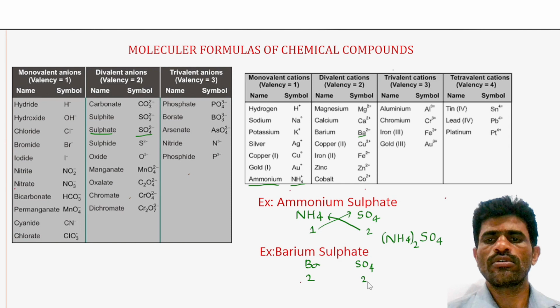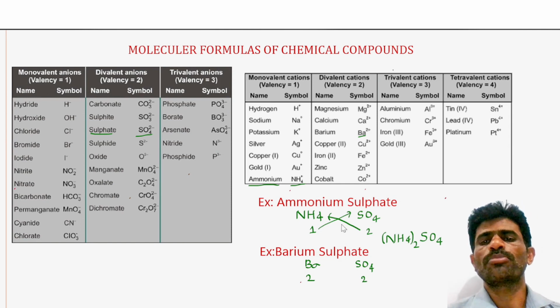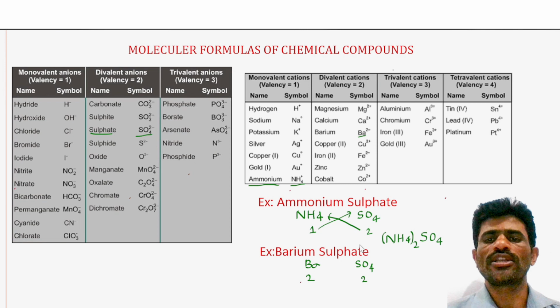Right. Now in the previous one, SO4 and NH4 were multiplied by valencies oppositely, but here because valencies are the same, no need to multiply. If valencies are the same, no need to multiply. If they are different, then only we have to multiply them oppositely.